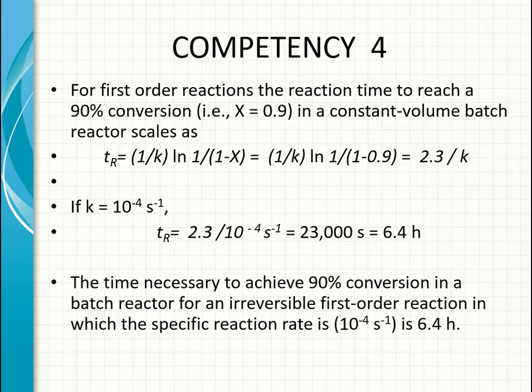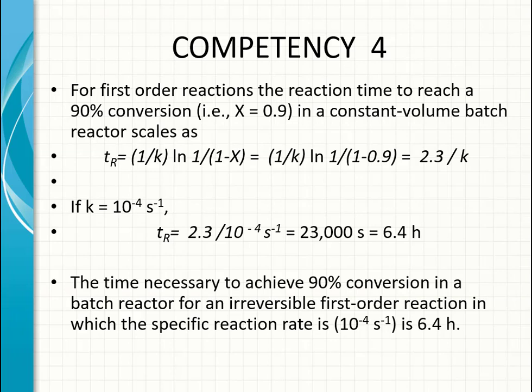So, for first order, the reaction time to reach 90% conversion, that means X equals 0.9, in a constant volume batch reactor is tR equal to 1 divided by k, natural log of 1 divided by (1 minus X), so it's going to be 2.3 divided by k.